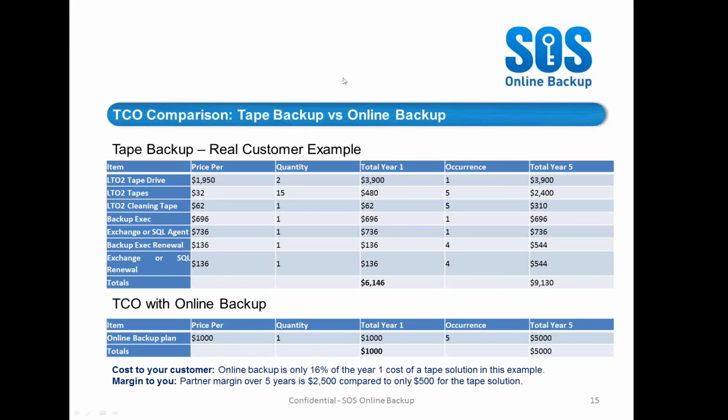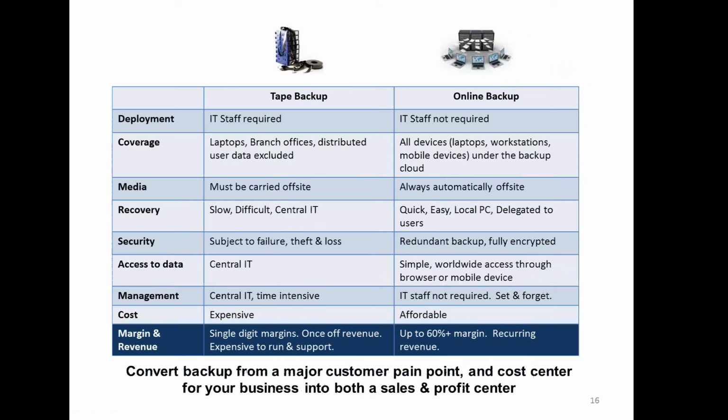Okay, so just a summary of differences between online backup and tape backup. Deployment for online backup, no IT staff required, very simple, compared to tape backup, which can be extremely time intensive. Often deployment of tape backup and centralized backup solutions can be quite painful.